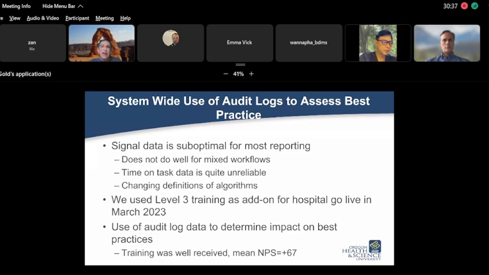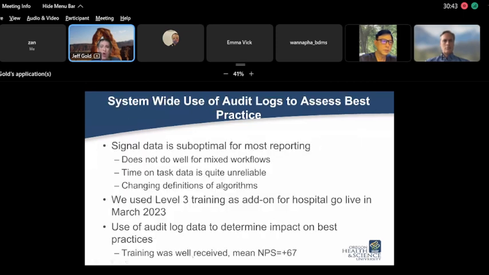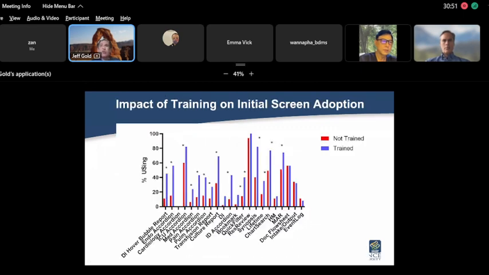We had 40 attendings who decided to go through this. I'm going to skip this slide. The Net Promoter Score of the people who went through that training was a positive 67. That is massively high. And now we are using the audit logs to see, did this change behavior?